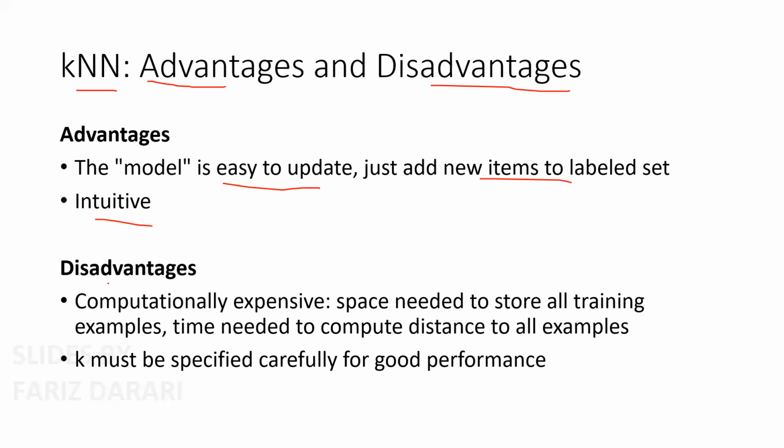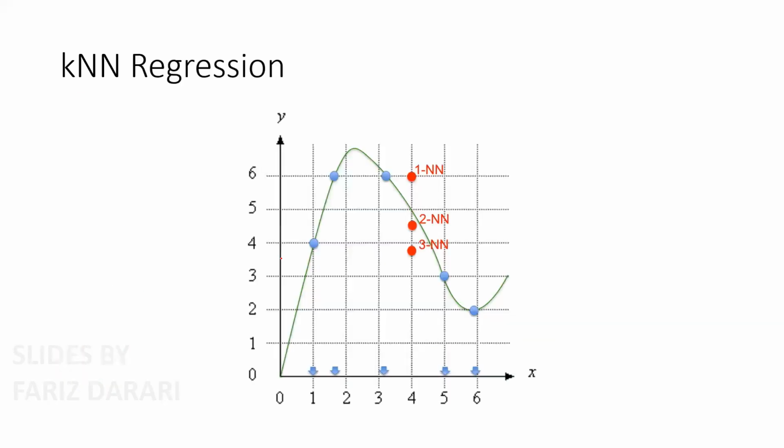Some disadvantages: it might be expensive. You have to compute distance to all, and you have to store all the training examples. And you have to be careful in how to set K, right? The hyperparameter tuning. So we should do the hyperparameter tuning first, right? Which means some preprocessing we have to do.